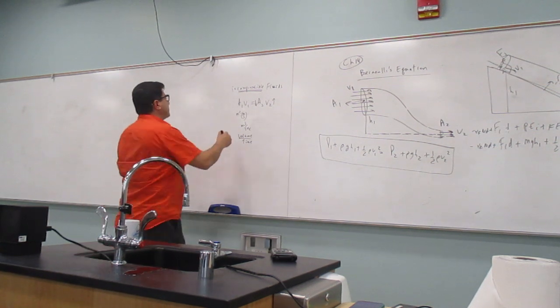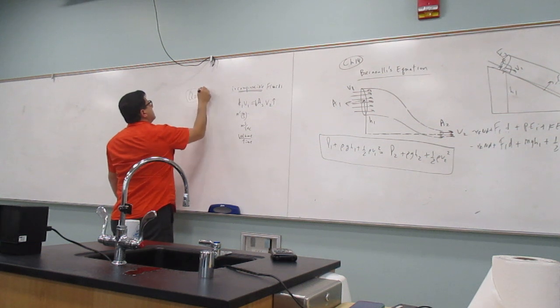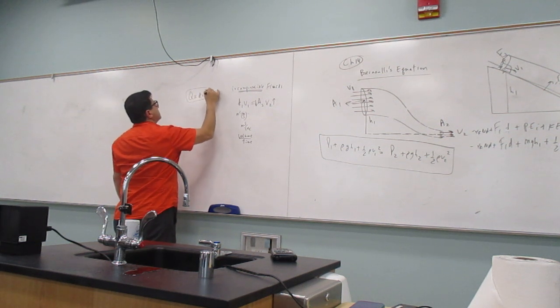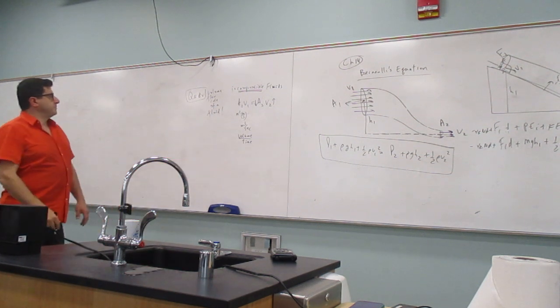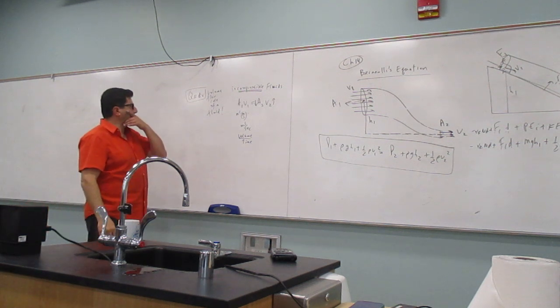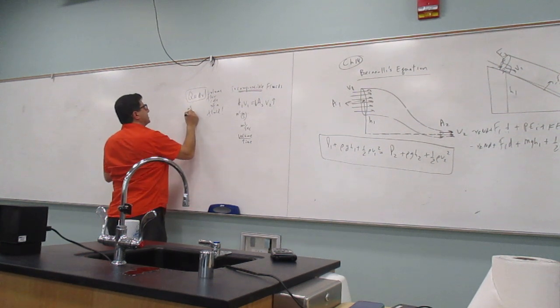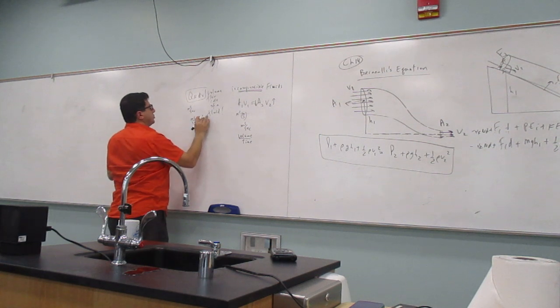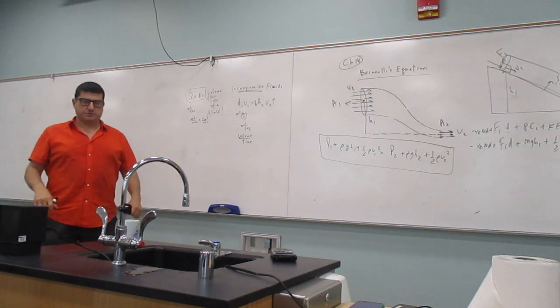So this is known as a definition now: Av, the volume flow rate of a fluid. Sometimes it could be measured in units of meter cubed per second, or milliliters per second, or centimeters cubed per second. Any of those, okay?